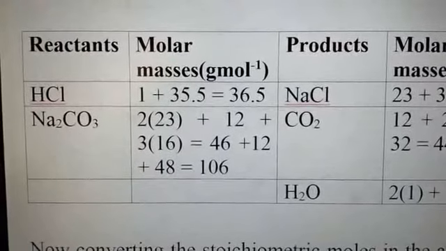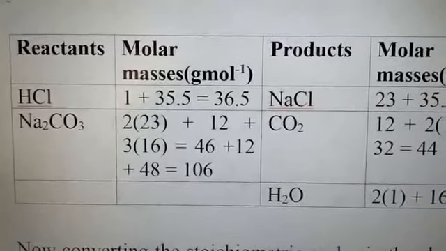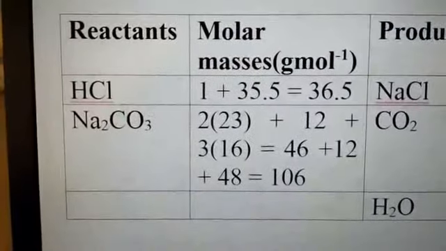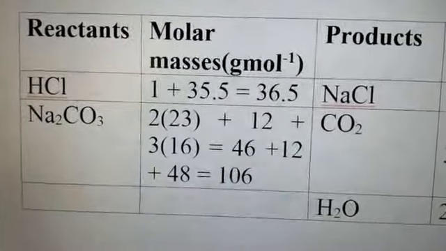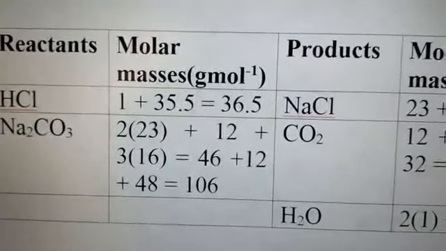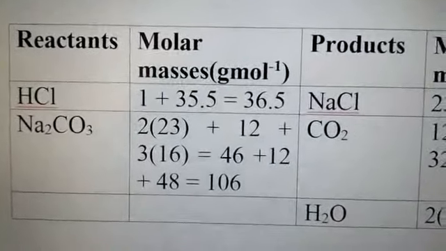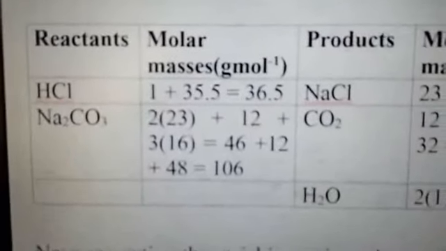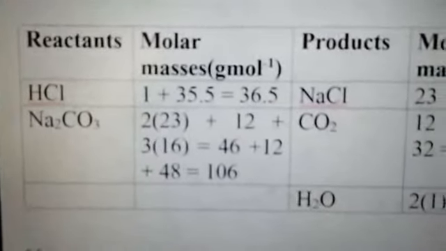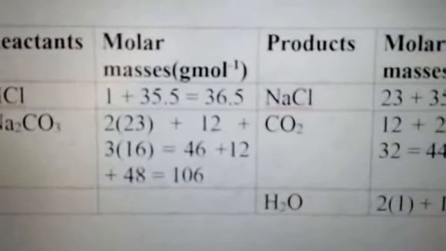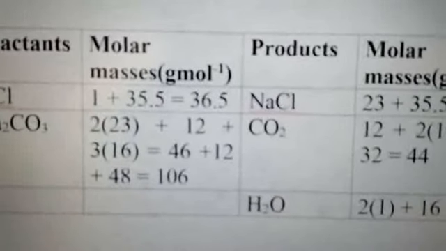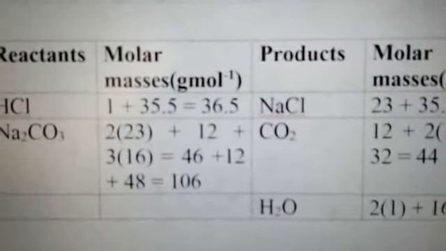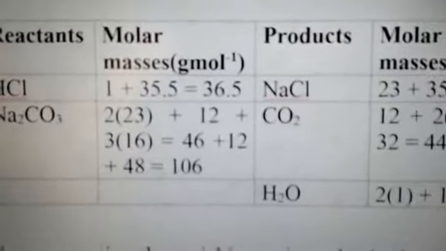Then to find the molar mass of sodium carbonate, we have 23, which is the mass of one atom of sodium, times 2, because there are 2 atoms of sodium there, plus carbon, the atomic mass of carbon is 12, plus oxygen, the atomic mass is 16, but multiplied by 3, since there are 3 atoms of oxygen in the compound. So 2 times 23 is 46, 46 plus 12 will give us 58. Then 3 times 16 is 48. So 48 plus 58 gives us 106.